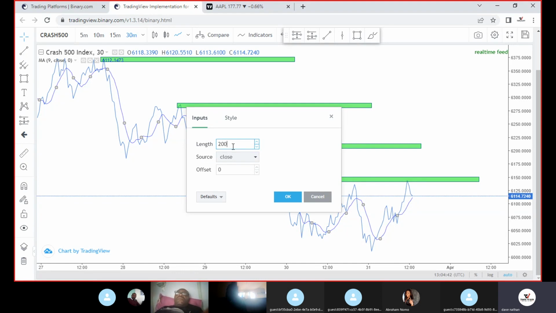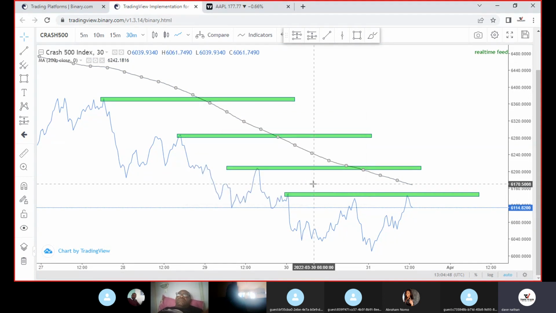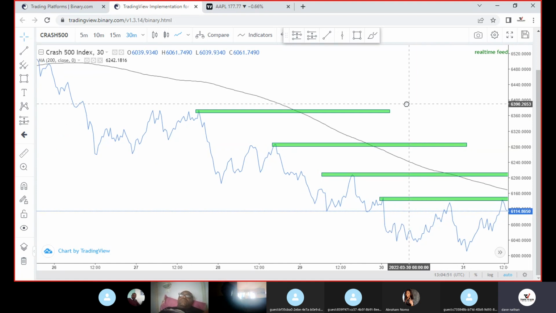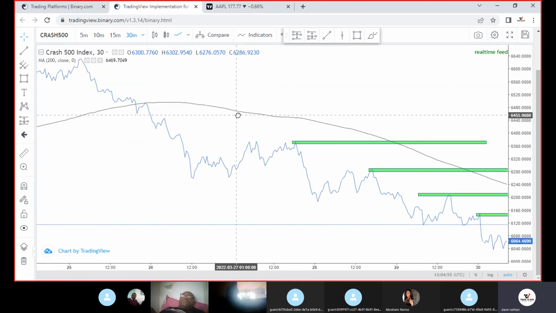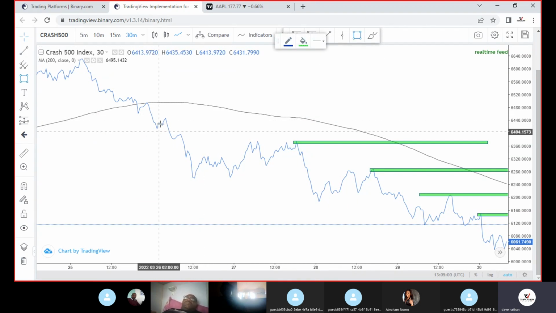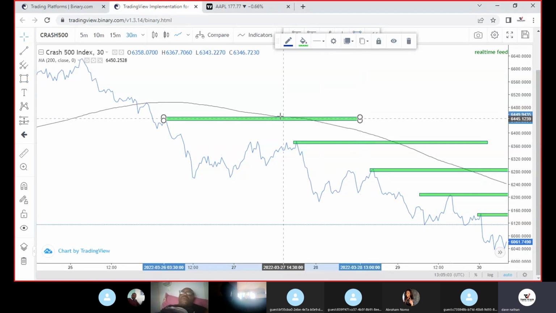Let's just use 200 so that we can have a lot of data, and then let's make it black. On Crash 500, we can see clearly that price has been in a downtrend starting from this point. And so all we have to do is mark our peak points.